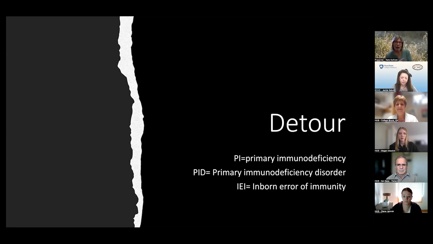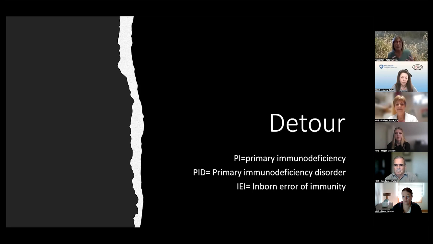And then among immunologists, there's increasing use of the term inborn error of immunity, which I'll be honest with you, it's not perfect. The inborn error of immunity was fostered because of this idea that when people think immune deficiency, they think infection. And so the concept of inborn error of immunity was to try and get people to think somewhat more broadly about conditions affecting the immune system.